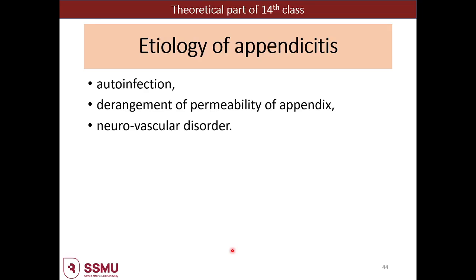If we talk about auto-infection, you should understand that the appendix is a special formation in our gastrointestinal tract, and it's the end way of the GIT, and that's why we may see blockage of it and development of infection in it, and that's why we may see some type of inflammation and some pathological process and development of appendicitis here.